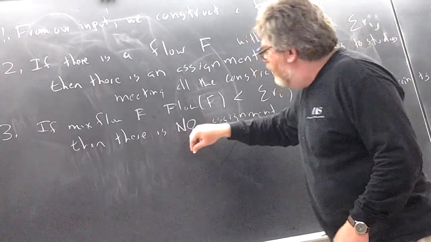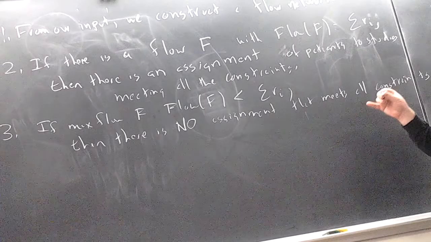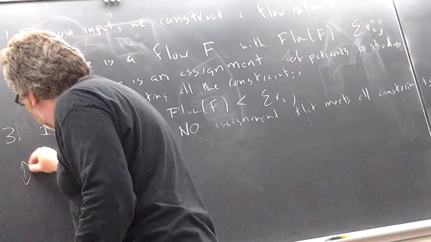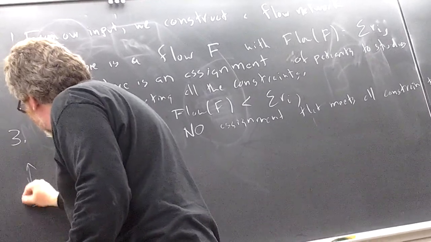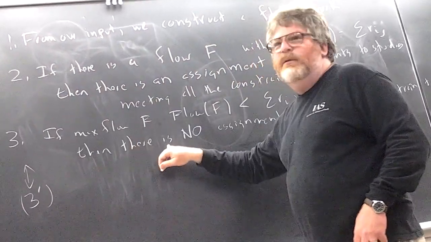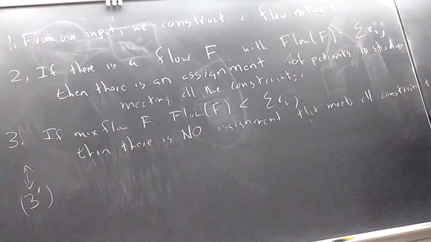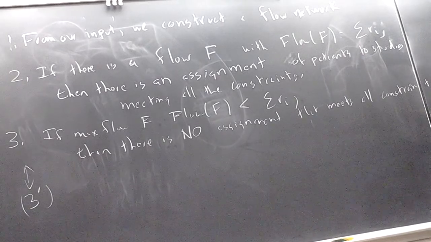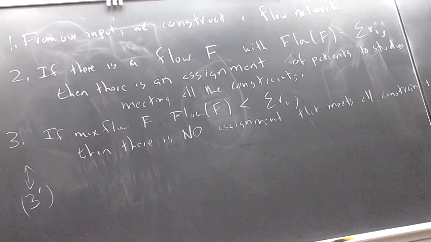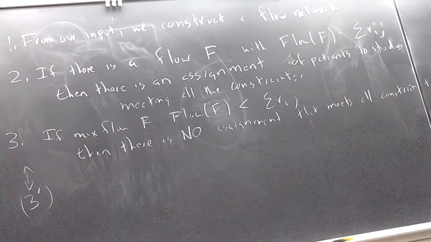Now, trying to argue that something doesn't exist is often fairly difficult. So let's rewrite this in a logically equivalent way. Saying if not P, then not Q. So saying if there is no flow that's big enough, then there's no assignment.